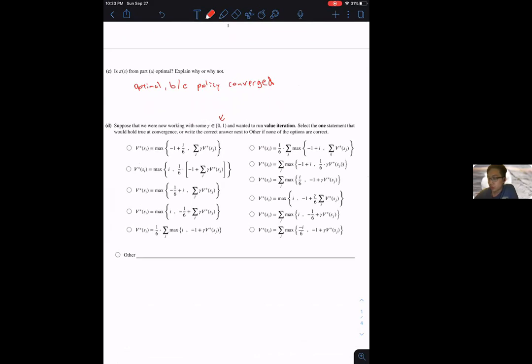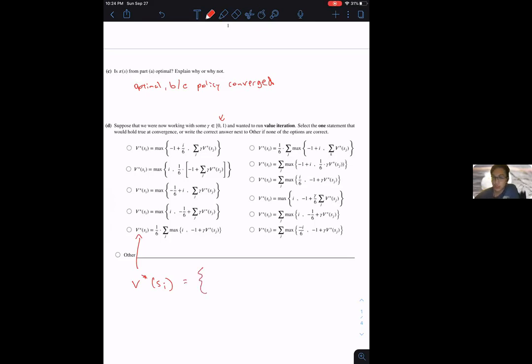So what do we know about this? We know that the v star of any state Si is going to be the maximum of one of two things based on our setup. It's going to be either the maximum of taking action roll or taking action stop. So we want to consider how much value we would get for each of these cases.